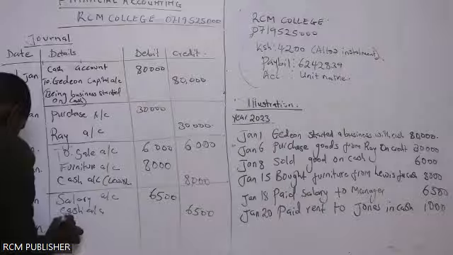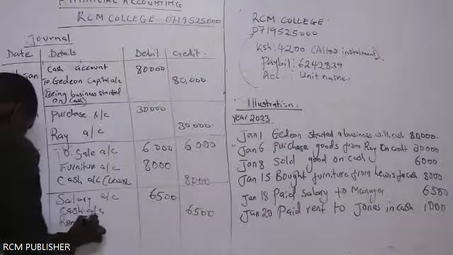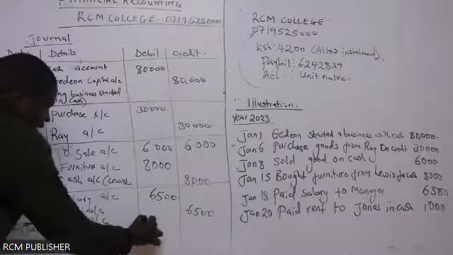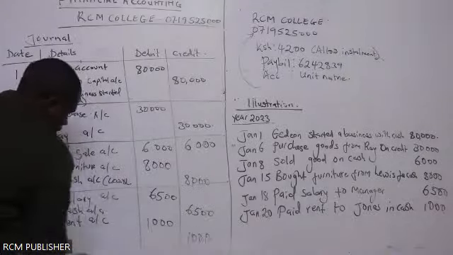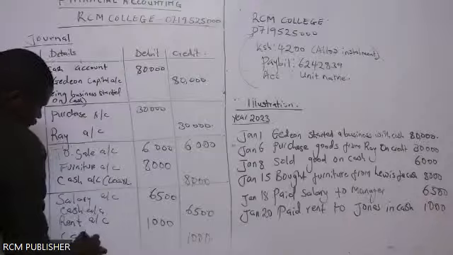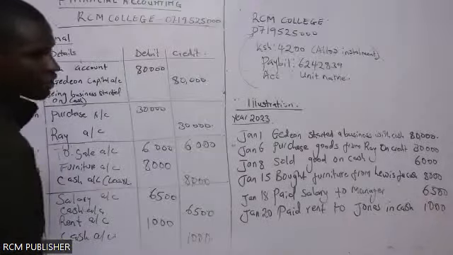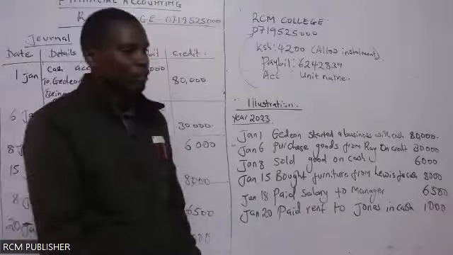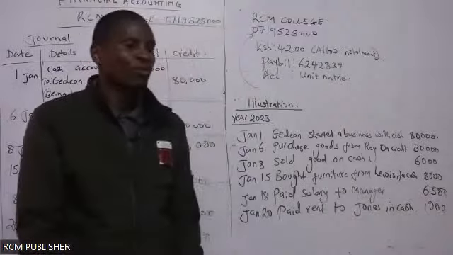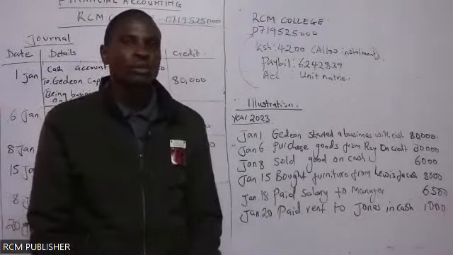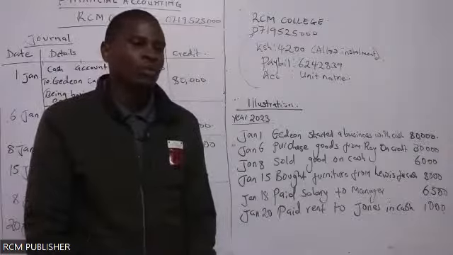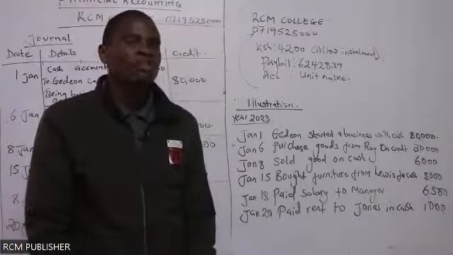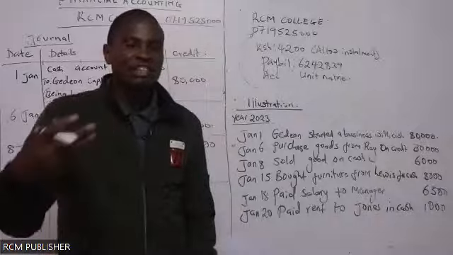So we are debiting the rent account with 1,000, and then you credit the cash account with 1,000, because it was paid through cash. That means our money has reduced.